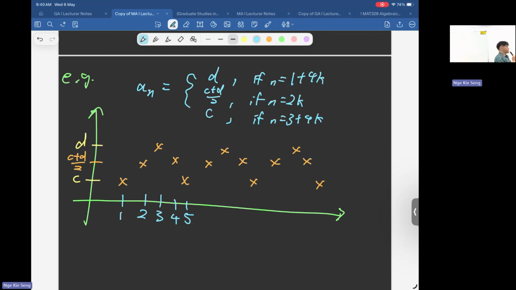So if I use the infinite, what's that, pigeonhole principle, what do you think? What kind of subsequence can we get here? Or maybe look at the vista points first. If you look at the vista points, which subsequence can you choose here? 4k plus 1.